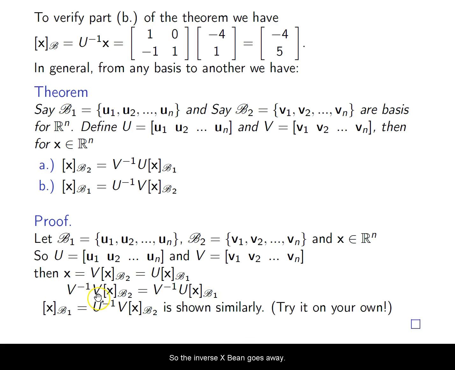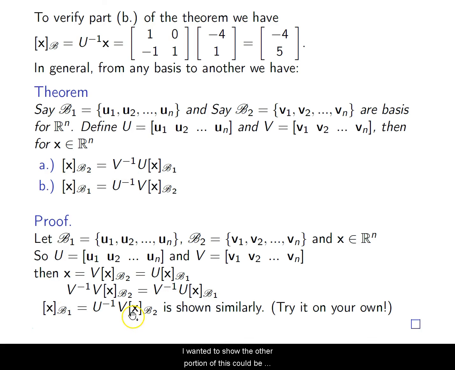V inverse times V goes away, because V inverse V is I. So I'll have X in B2, which equals V inverse U times X in B1.